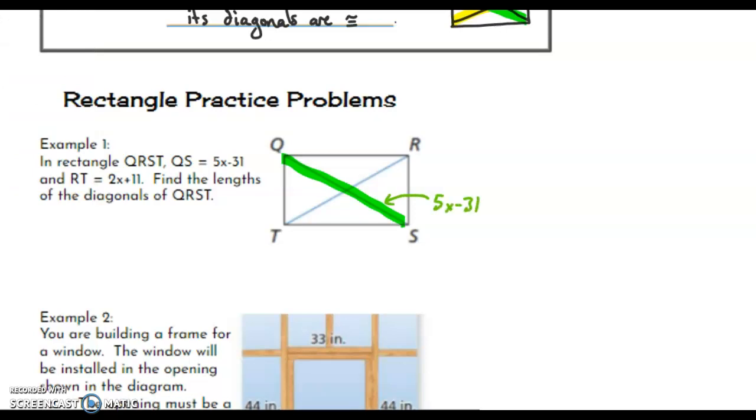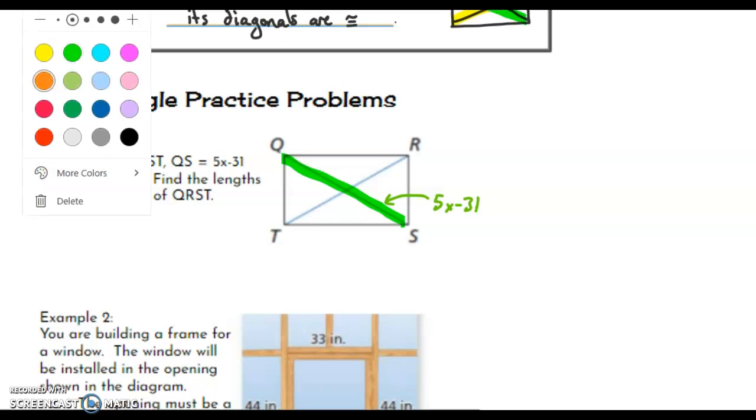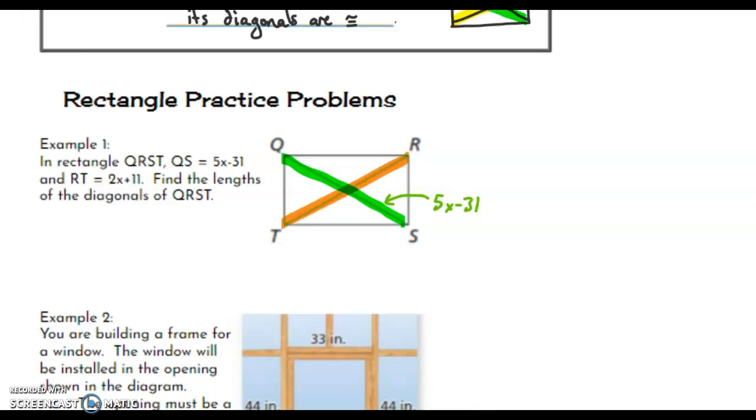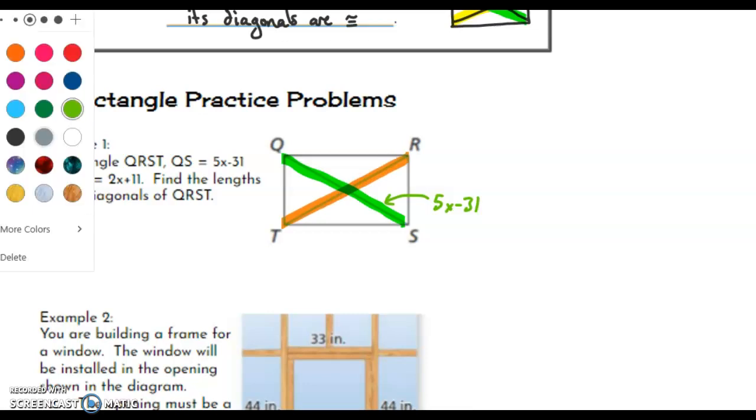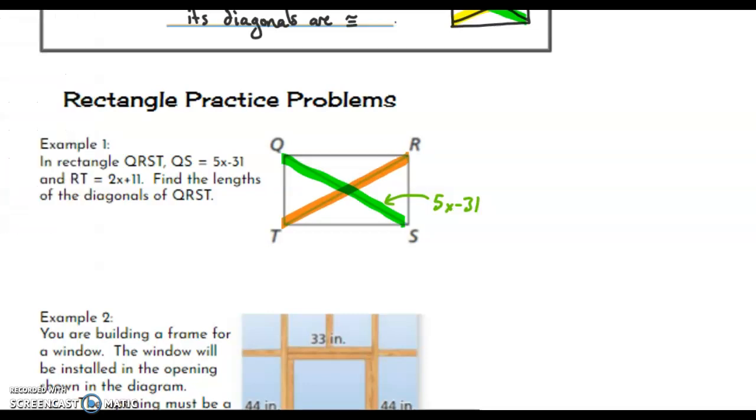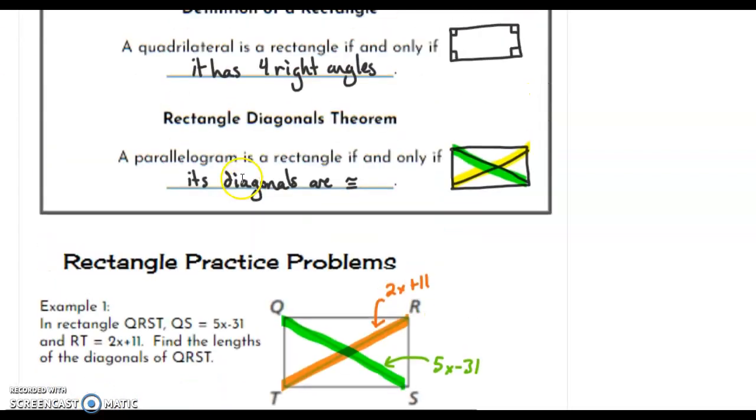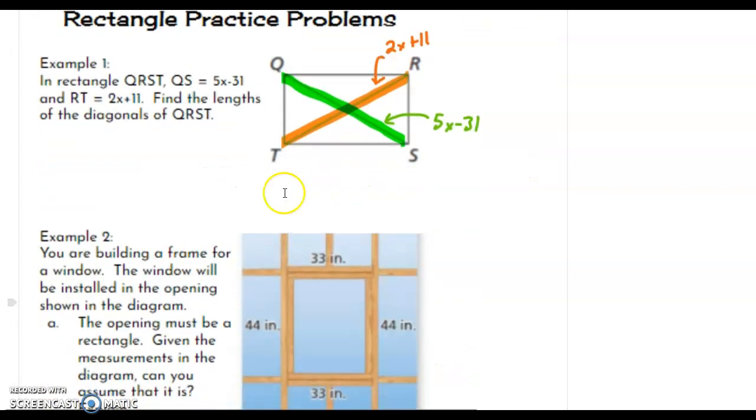Now RT is referring to the other diagonal, which is right here, and it is 2x plus 11. So it says, find the lengths of the diagonals of QRST. Well, we know, based on the rectangle diagonals theorem, that the diagonals are congruent. So how would we set up this problem? All right, since the diagonals are congruent, we would say 5x minus 31 is equal to 2x plus 11.